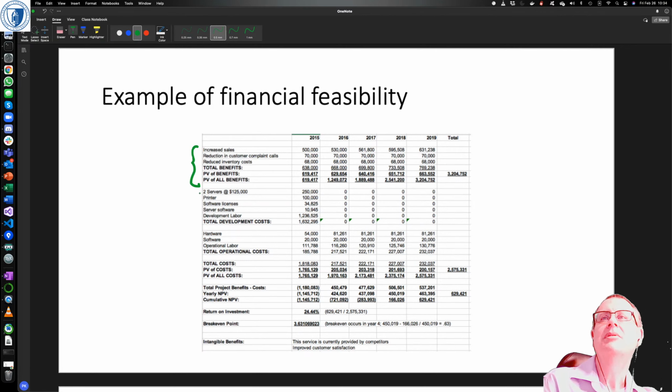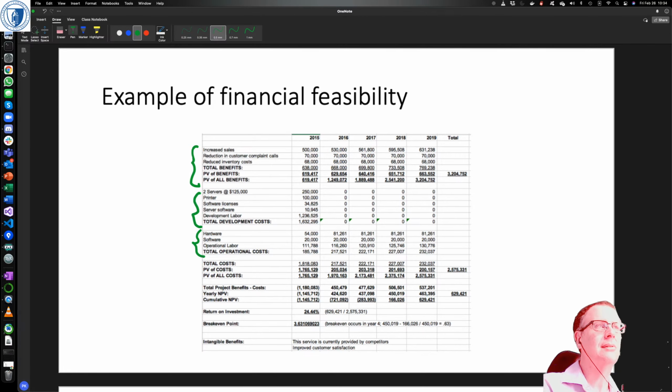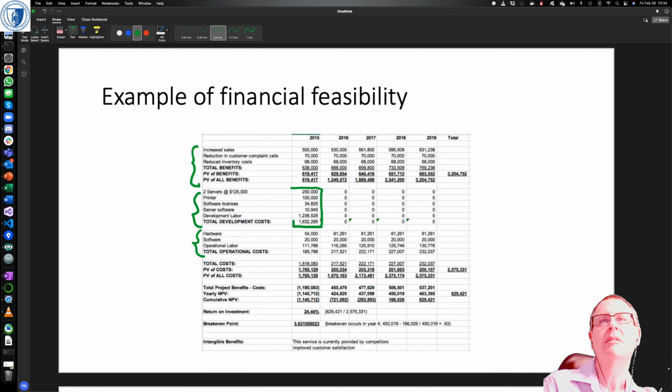And then here we've got the development costs, which is how much does it take to do it from scratch. And here we've got the operational costs. We want to keep it going, so how much does it cost to keep going? That's why the development costs only happen in the first year of operation, whereas the operational costs continue.